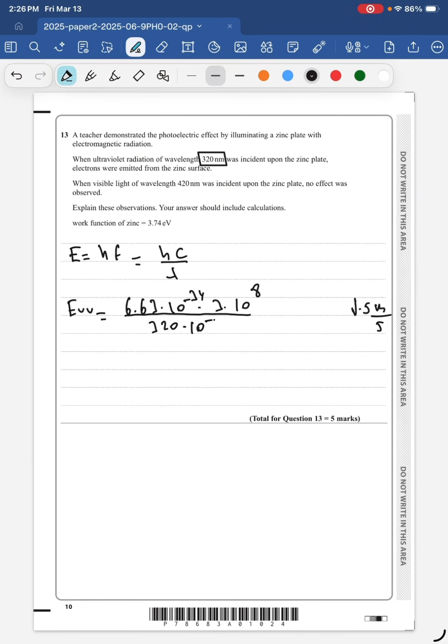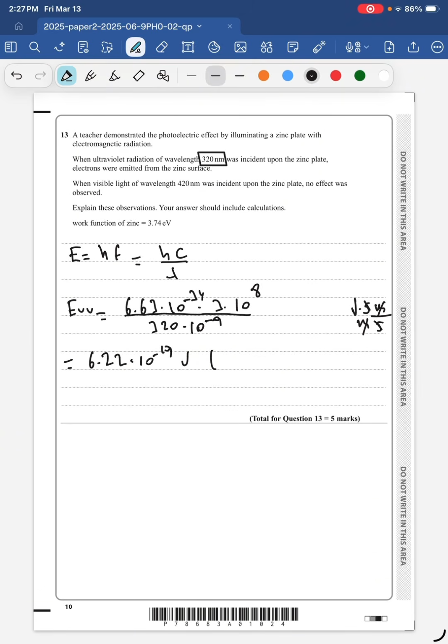So 1 nanometer is 10 to the negative 9 meters. All right, so seconds cancel, meters cancel, and we find units of energy as expected. And the answer is 6.22 times 10 to the negative 19 joules.